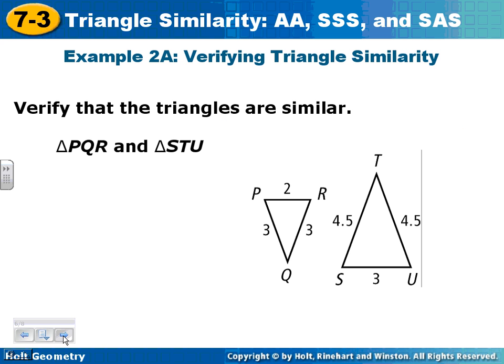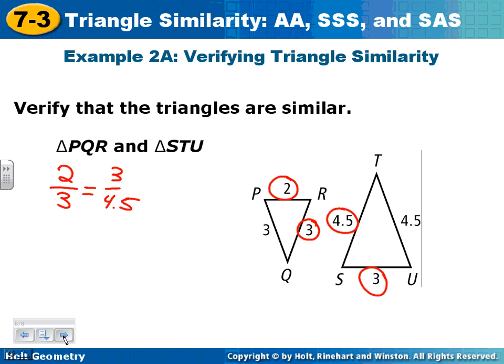If you look at this slide, verify that the triangles are similar. I have no information about the angles, so I'm going to try to prove this by using side, side, side. So let's set up a proportion. I'm going to start with this 2. It corresponds to, the other one's upside down, 3. So I'm going to write 2 over 3. That has to equal, maybe this 3 goes with that 4.5, again, because it's upside down. 3 over 4.5.